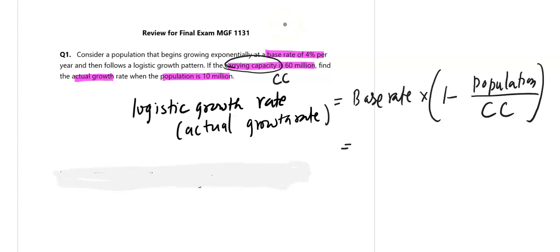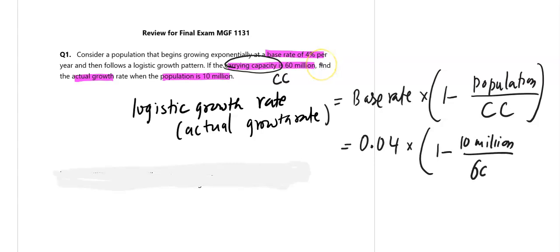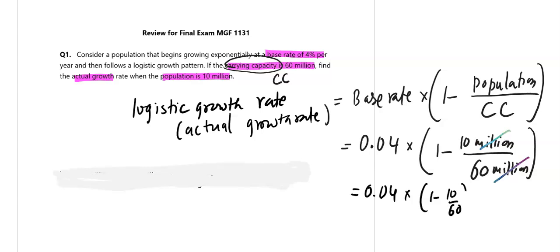So base rate here is 4%. We change 4% to decimal, 0.04, times 1 minus population here is 10 million divided by carrying capacity 60 million, and the millions cancel. You obviously see that. So you multiply 0.04 times 1 minus 10 over 60.